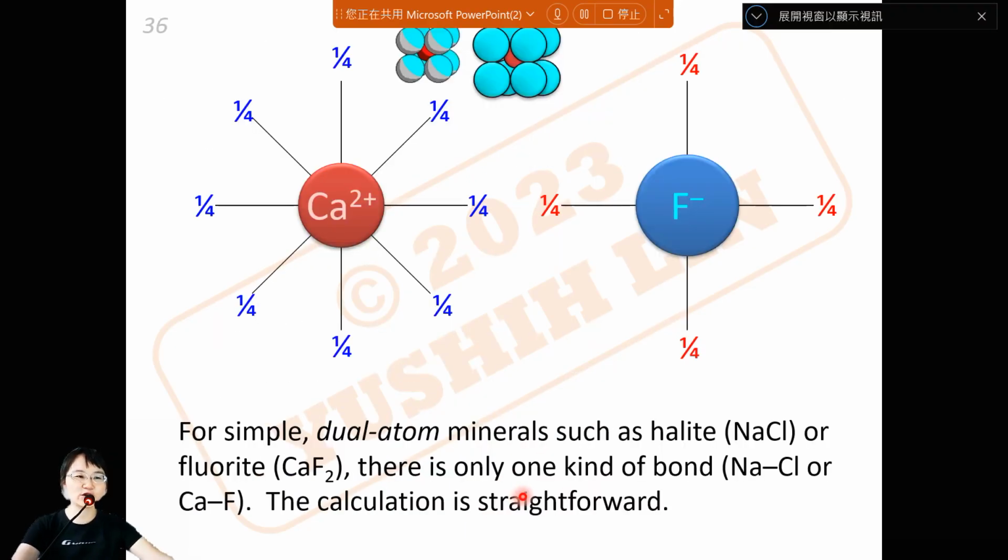To make it easier to understand, this is calcium, this is fluorine. For a single unit, you would imagine it to be like this. Calcium is bound to 8 fluorine, and fluorine here should be bound to 8 calcium, but here is only bound to 1. So how does that work? For the next unit, there would be no calcium here. For the next, there will be calcium again.